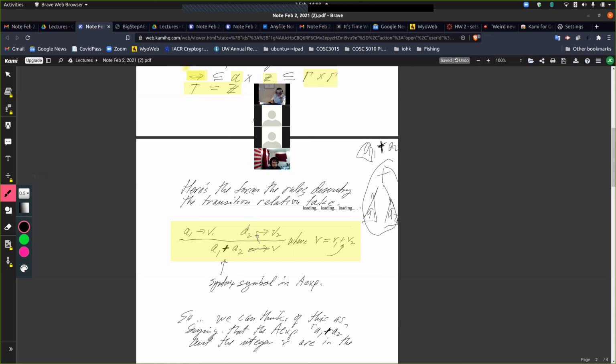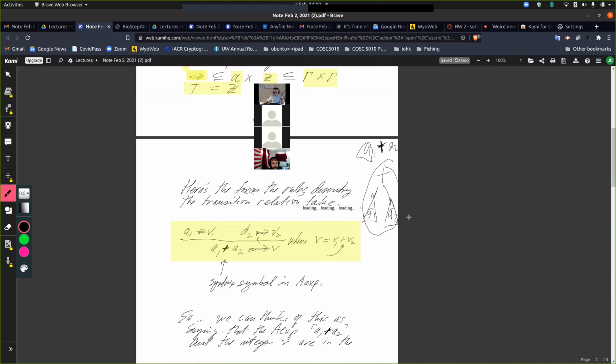These are double arrows in the big step semantics. So he's got A1 plus A2 evaluates to V in one step. The idea is that this evaluates in one step if A1 evaluates in one step to V1 and A2 evaluates to V2 in one step.